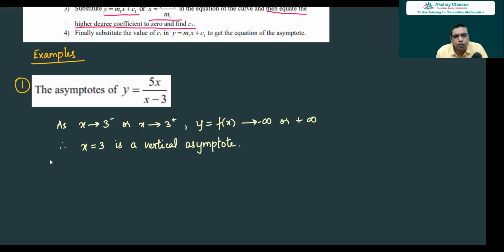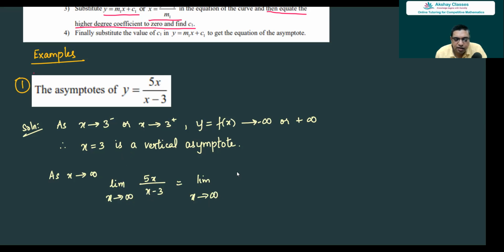Very good. Very simple, straightforward. Now next, do we have a horizontal asymptote? That we have to check. Now, as x tends to infinity, plus or minus, let us see. So limit x tends to infinity, the function f of x, 5x by x minus 3, will be limit x tends to infinity, divide numerator and denominator by x, we get 5 upon 1 minus 3 by x.